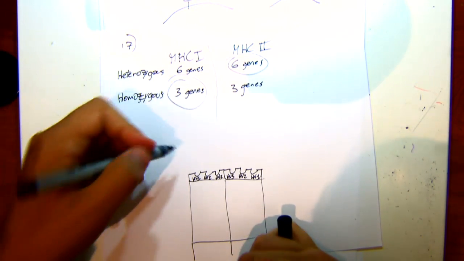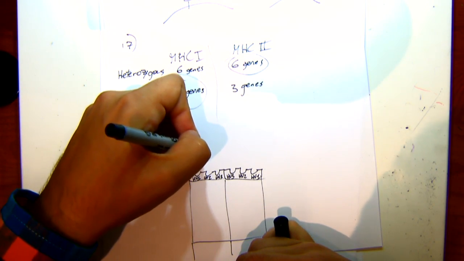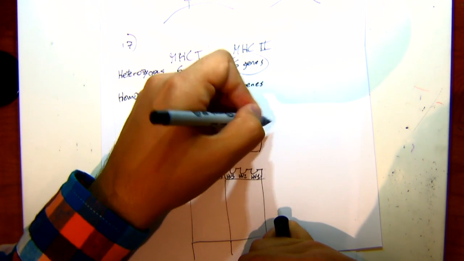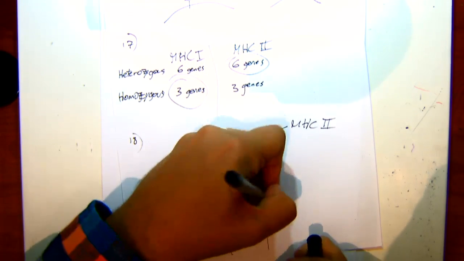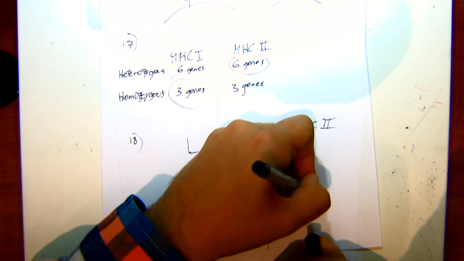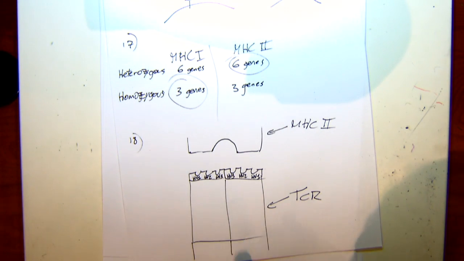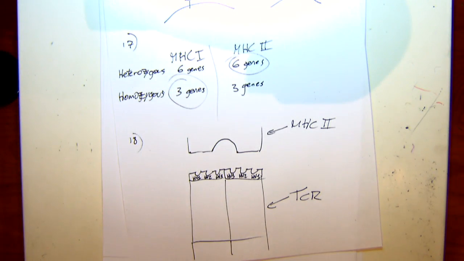And then you're also going to have an MHC and TCR, right? Just imagine that this is where the T cell would be, and over here you would have something like a dendritic cell carrying an antigen, for example, a peptide, sorry.